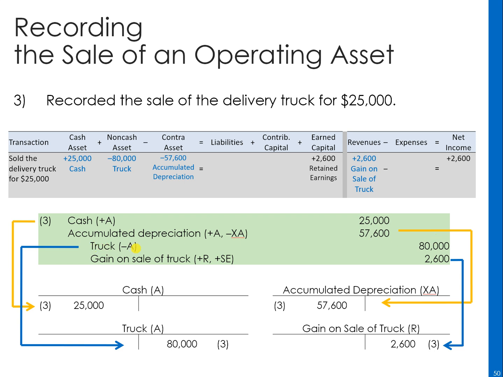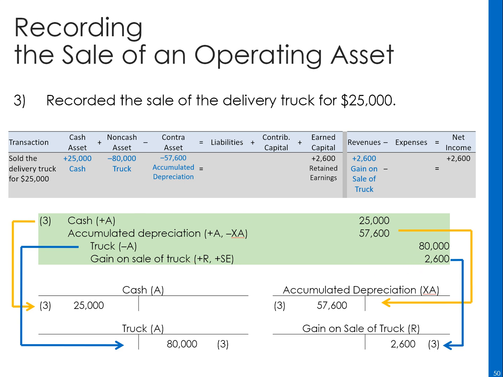So we credit truck because truck has a debit balance. We debit accumulated depreciation because it has a credit balance. So these two accounts have been removed. Then I debit cash, the sales price, and I credit the gain. Okay, finish the journal entry.